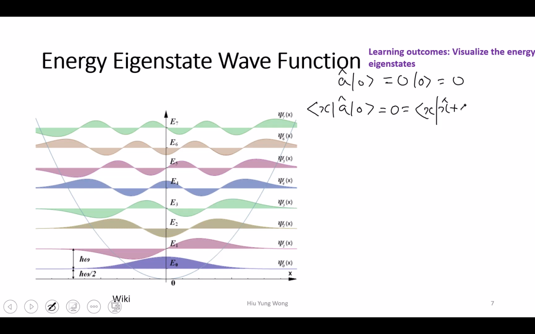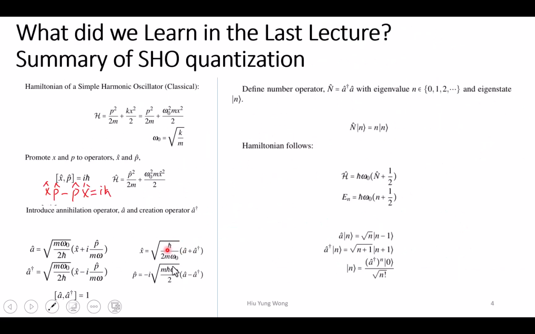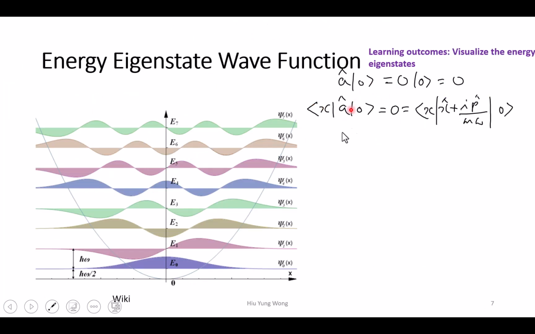plus I P hat divided by M omega, the whole thing applied to 0, right? And I ignore this term in front of it because it is 0, so it will be removed, right? A hat equals a constant times X hat plus I P hat divided by M omega, right? So that's what I did. I substitute A hat with this guy, but I just ignore the constant term because it is 0.